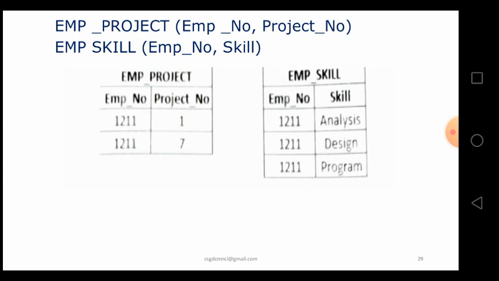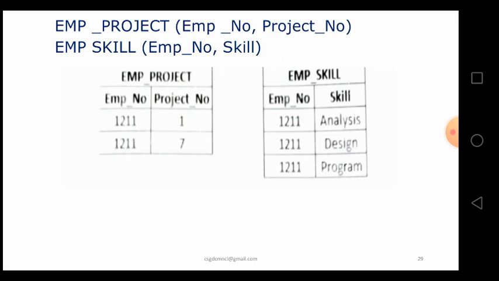Employee project, this is a table. Employee number and project number are the two attributes. Another table is employee skill. Employee number and skill are the attributes of the employee skill table. In employee project, the employee number is the same but project numbers are different.